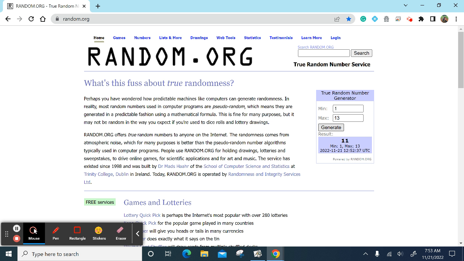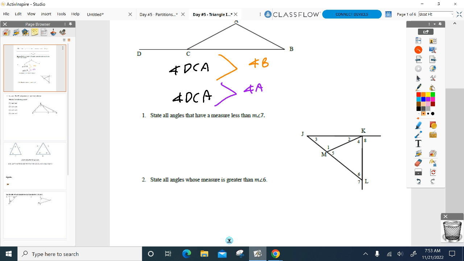That's the first job. 2, name a triangle angle 7 is an exterior angle for. JLK, the big dog. Yep. Everyone agree? Angle 7 is exterior for that one. All right. Name the two remote interiors for that triangle then.